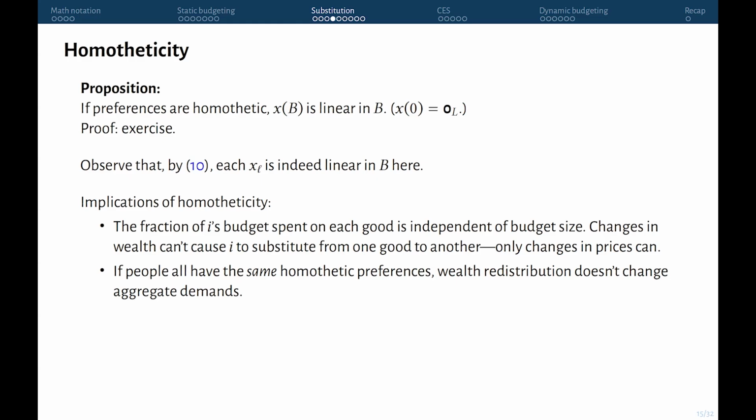If we're all spending 10% of our budgets on trips to Barbados, well, it doesn't matter if I have 90% of the pie and you have 10% or vice versa. We know how much is getting spent on trips to Barbados.